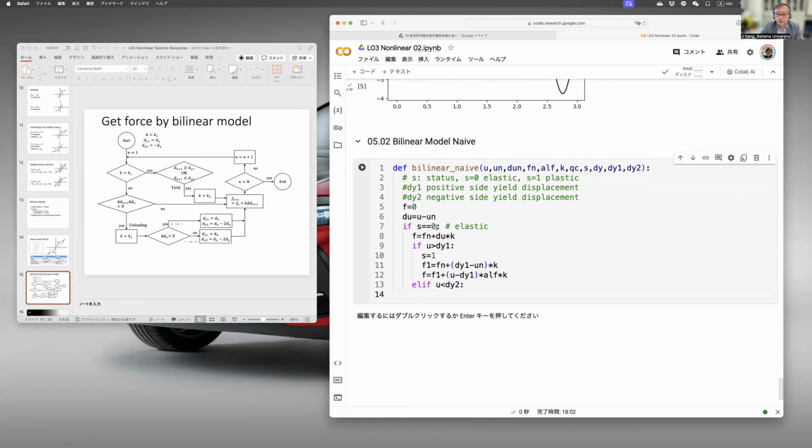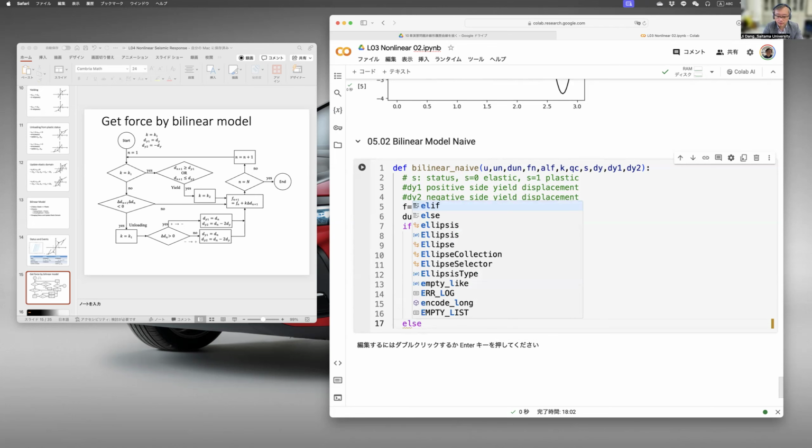So s equals 0 means k equals k. S equals 1 means k not equals k. So this part is just the same. I just change them to S1, but this is S2, change S2. Fine. Okay.